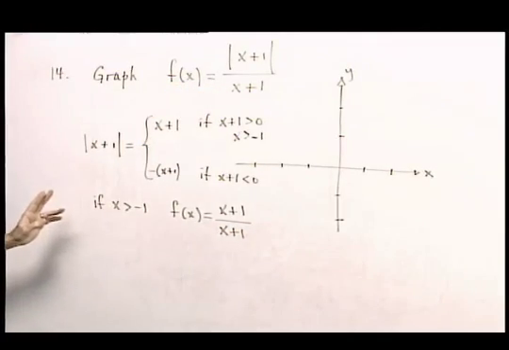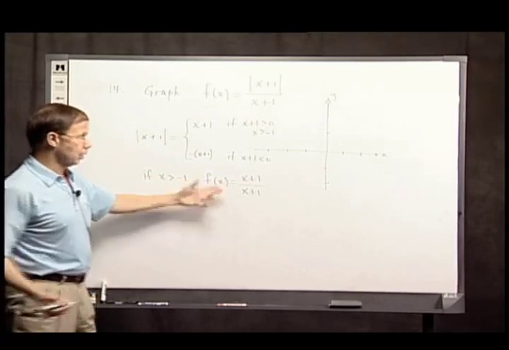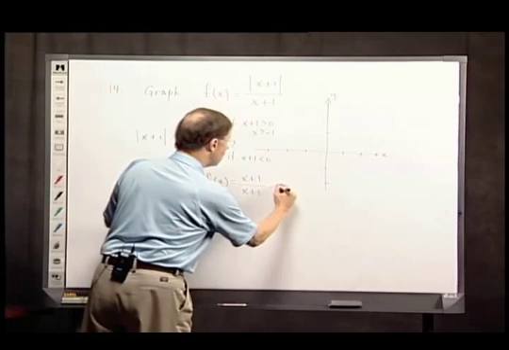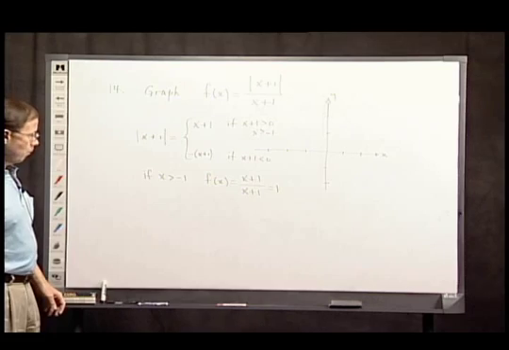So for any value of x that's bigger than negative 1, f of x is simply 1. That's easy. It's a nice horizontal line. The y value is constant at 1.